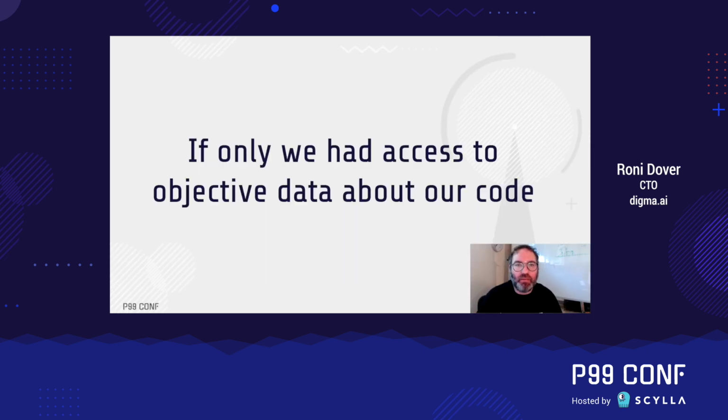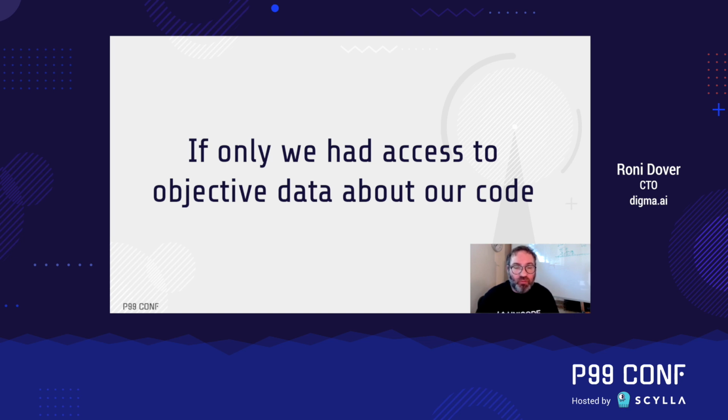With that in mind, I started thinking, well, if only we had access to objective data about the application that we're running, that would be a non-effort for Bill or for myself or for anybody else to reach and have as a contrast to our work.